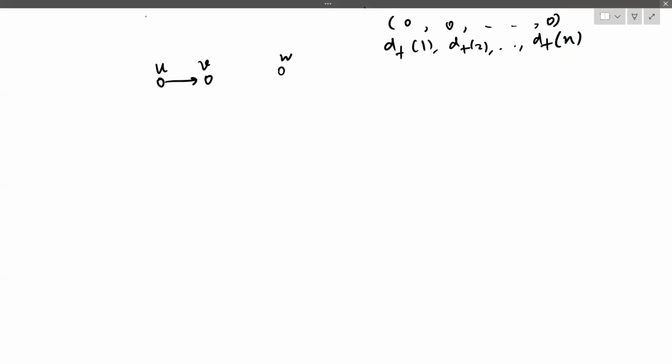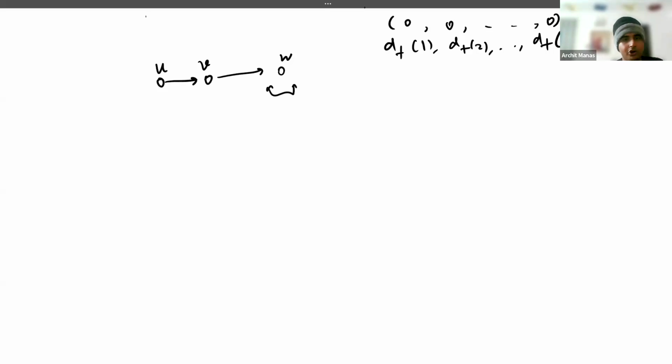Yes. Correct. So if you question U and V, then U necessarily increases by 1. And so with every single question, you're able to increase d plus by 1. When you consider W and you ask W with V, let's say, you could receive something like this, or you could receive something like this.